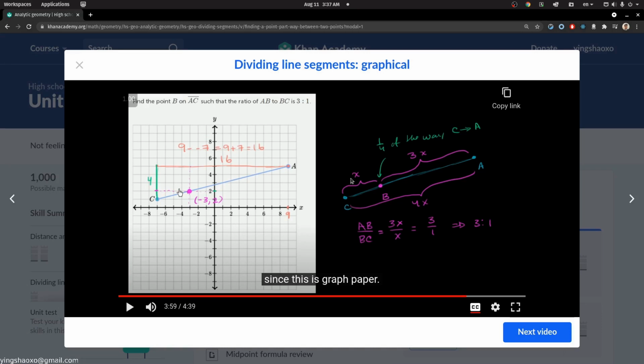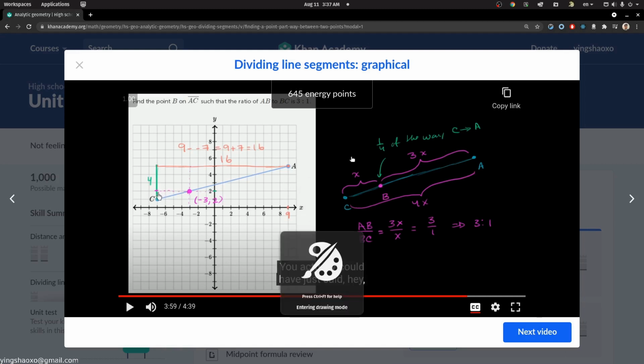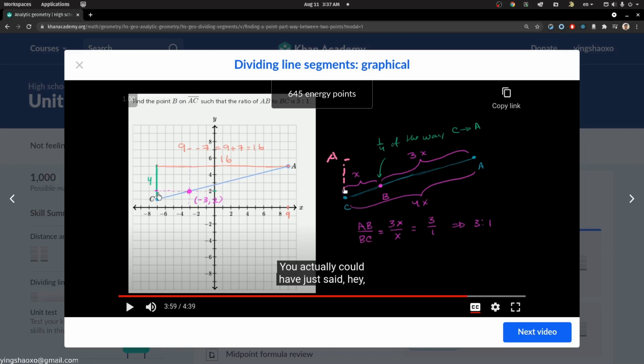Then he did the same thing for the x axis and the y axis, because they have the same property. So if CB is x and BA is 3x, then that means if you move your A into here, you will get a vertical line that represents the y axis.